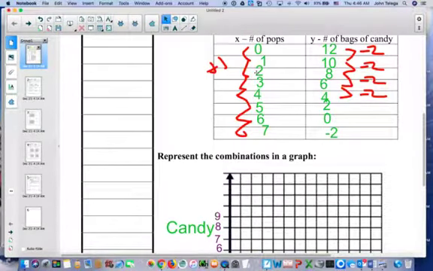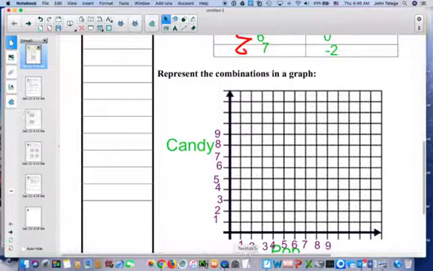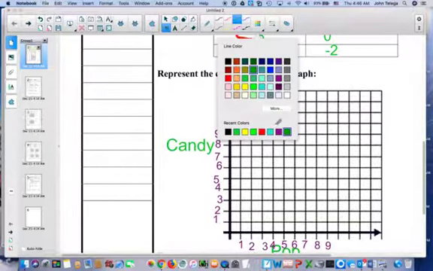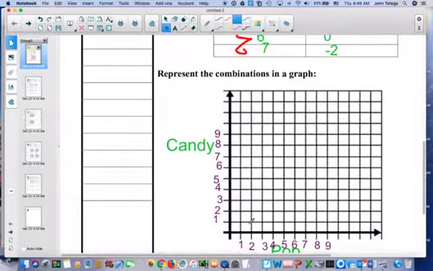So when we had 2 pops, we had 8 candies, right? So 2 and 8. Grab my pen. So 2 and 8 would be here. So 2 pops and 8 candies. There's my dot, right?